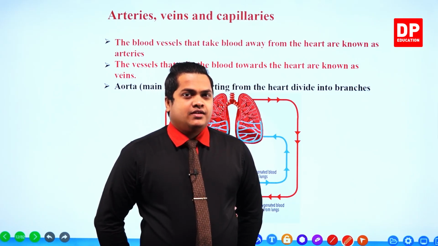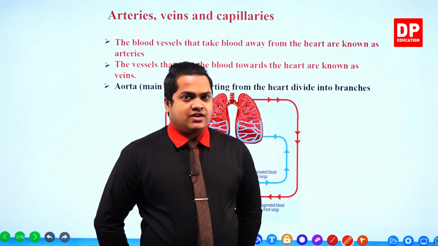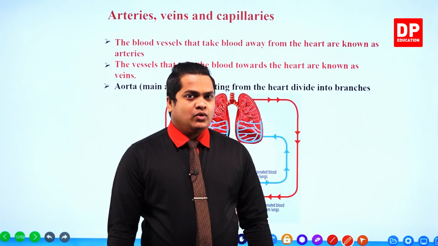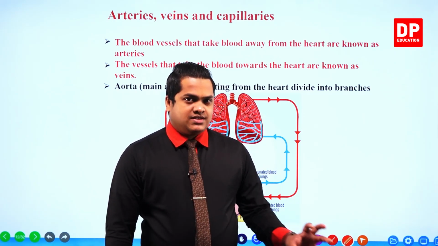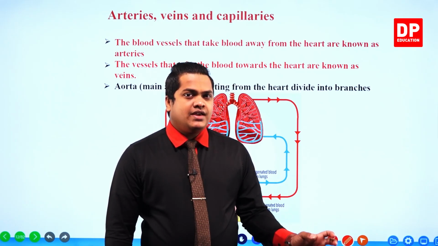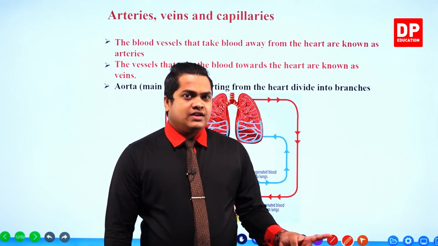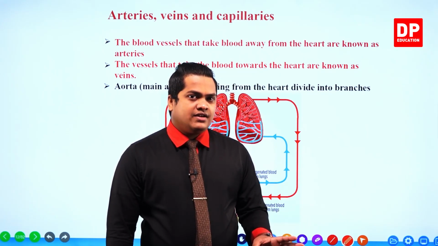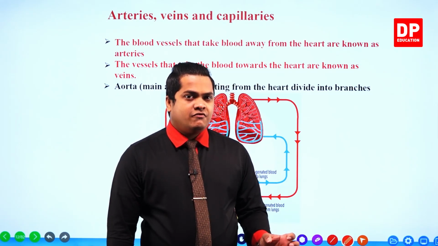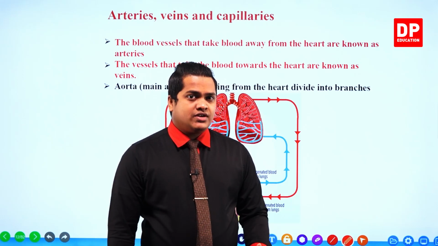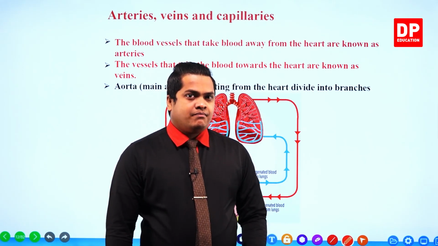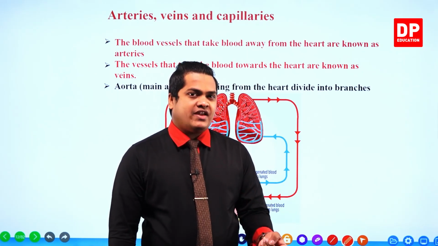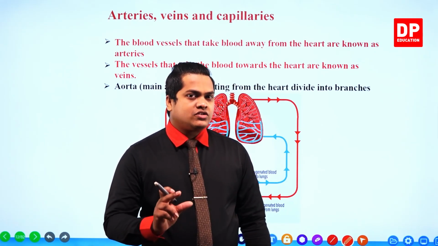Oxygenated and deoxygenated blood are shown by red and blue: oxygenated blood with red color, deoxygenated blood blue color. However, arteries and veins are also separated by red and blue colors: red for arteries, blue for veins. But in the pulmonary circulation, it differs. A pulmonary vein would be expected in blue color, but it is in red color as it carries oxygenated blood.